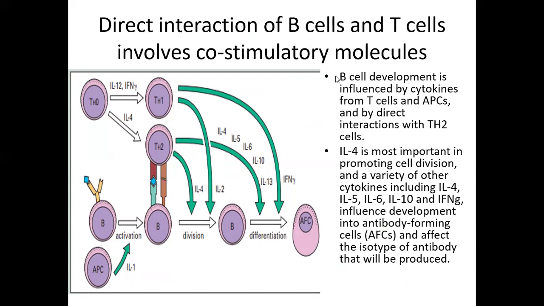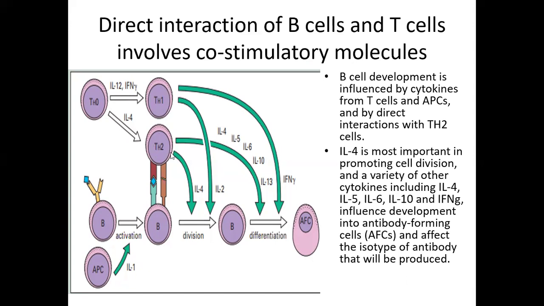So you know that T helpers interact with antigen presenting cells. And T helpers proliferate into T helper 1 and T helper 2. T helper 1 mostly take part in cellular immunity, in activation of CD8 cytotoxic T killer cells.